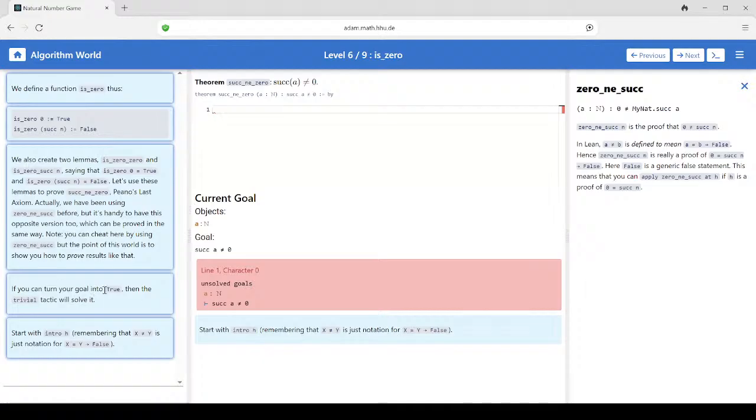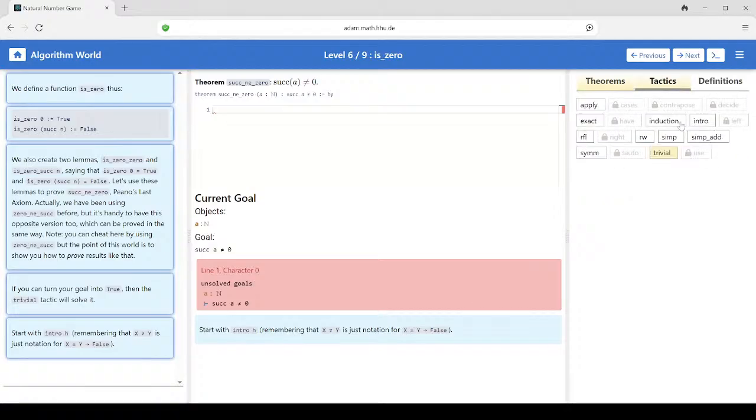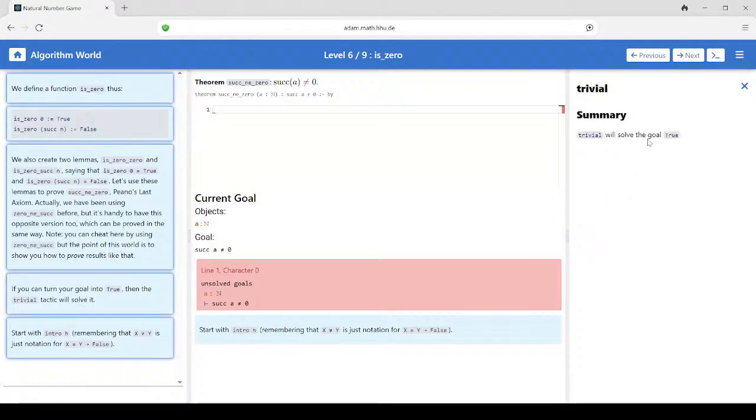If you can turn your goal into true, then the trivial tactic will solve it. Trivial will solve the goal true. Okay. Start with intro H, remembering that x does not equal y is just notation for x equals y implies false.